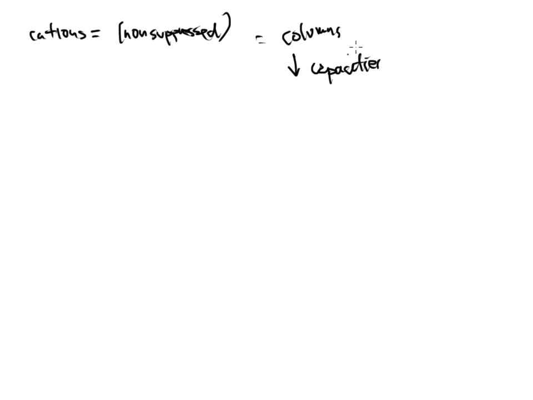So sometimes it's harder to separate the cations based on that, especially if you overload the column with too much sample, or too high of a concentration of sample will also give you the same thing, right? Higher concentrations lead to column overload. There's too much stuff that's present for them to separate and give you a very good signal. So that's what we're calling the capacity of the column.